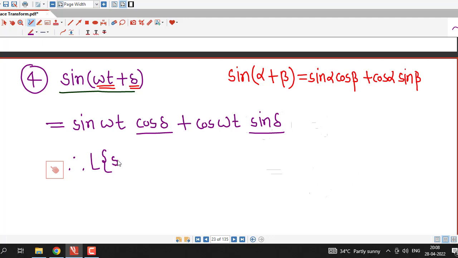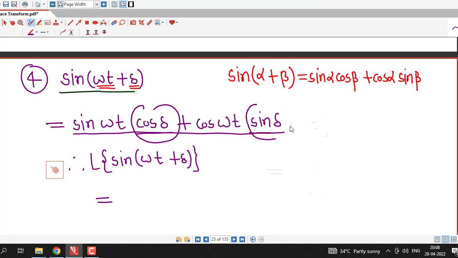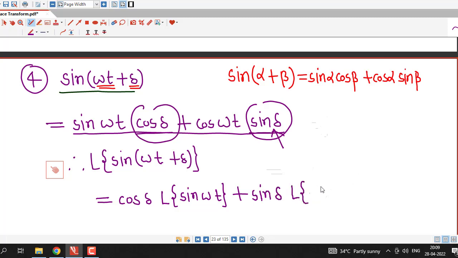Therefore Laplace transform of sine of omega t plus delta will be equal to the Laplace transform of this addition of two functions, and by linearity property I can write this as cos delta times Laplace transform of sine omega t plus sine delta times Laplace transform of cos omega t. So I am using the linearity property of Laplace transform.